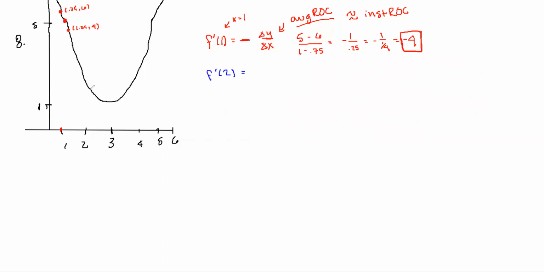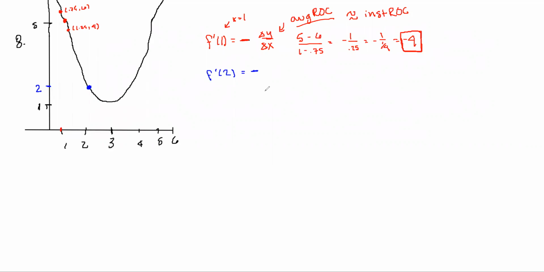What are we looking at here now? For the f prime of 2, it's still negative. So then you would repeat the same process you just did, where you would take another approximated point.